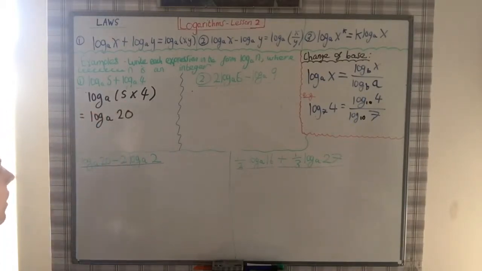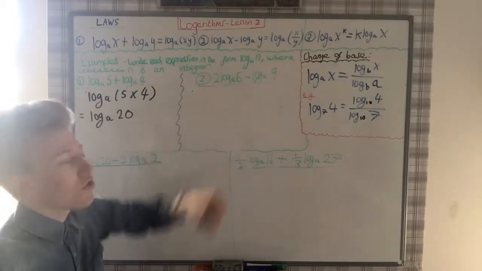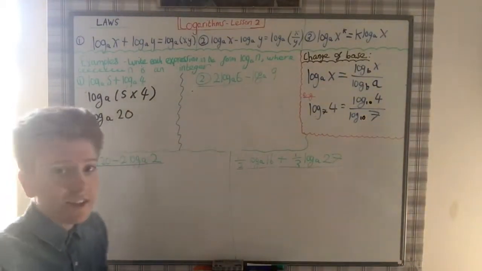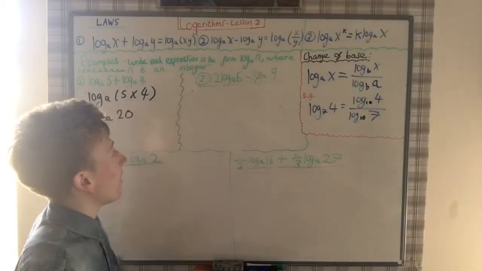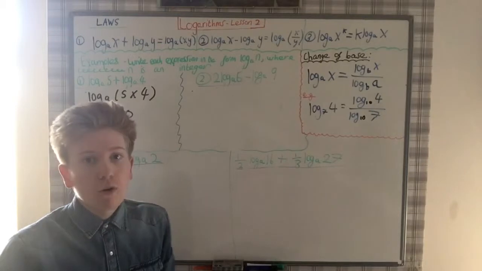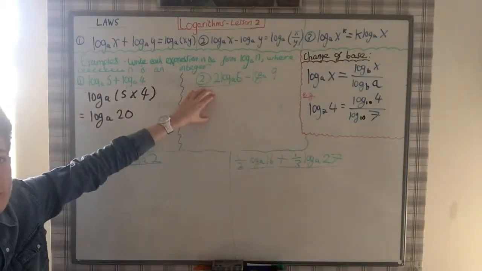Okay? The second one, 2 log 6 with base a, subtract log 9 with base a. The base is the same here, although you'll notice a difference. We have a multiplier of 2 in the front of this logarithm, and therefore we can't simply apply the second law. We have to first apply the third law to get rid of this multiplier in the front.